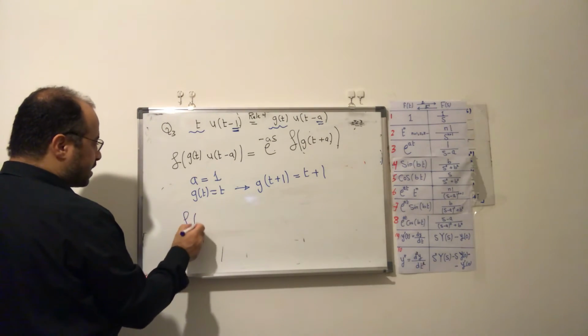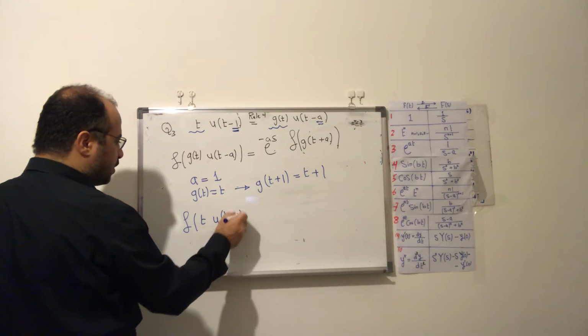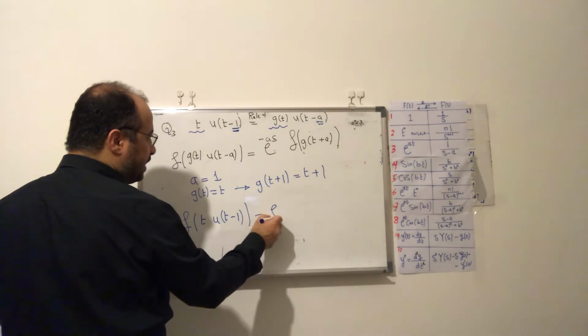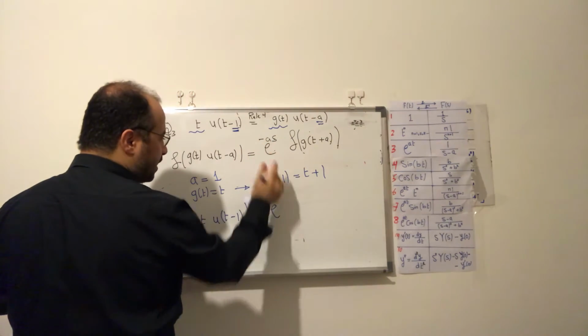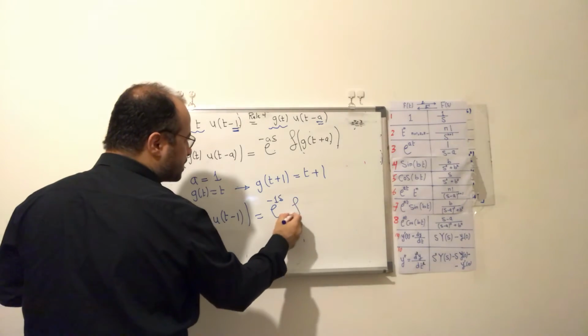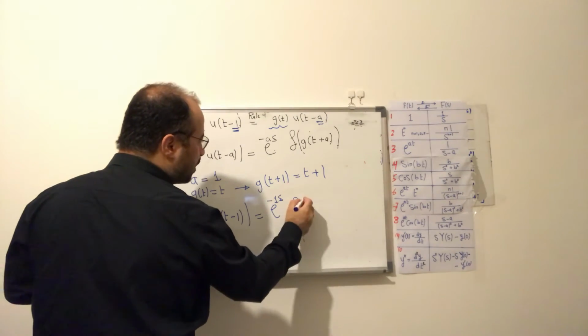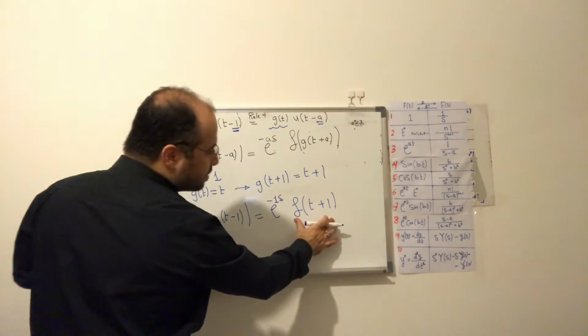Then the Laplace transform of t times u of t minus 1 will be just e to the minus 1 times s, and then the Laplace transform of g of t plus 1, which is t plus 1. But I know that the Laplace transform is linear.